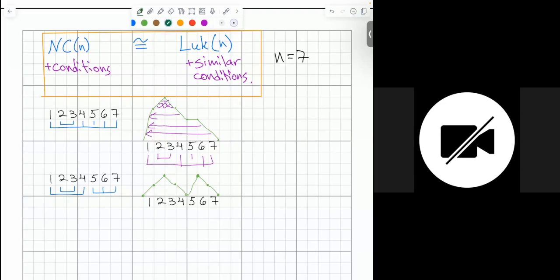So first, I write down what I call an almost rising path, which I denote by AR of n.